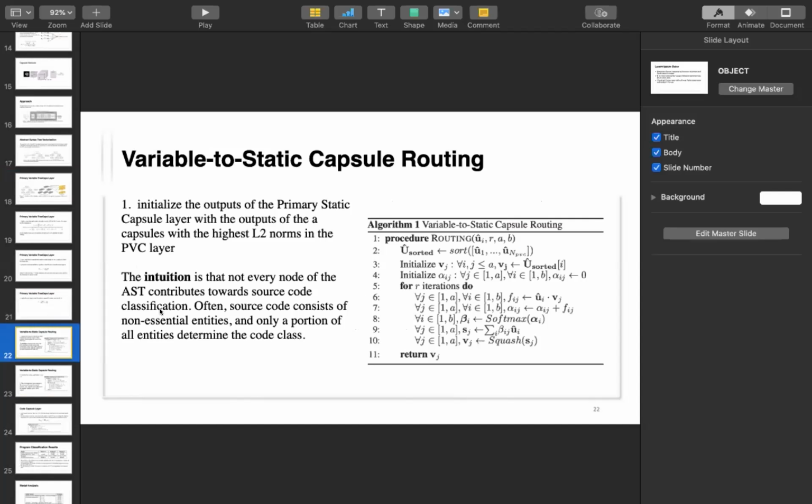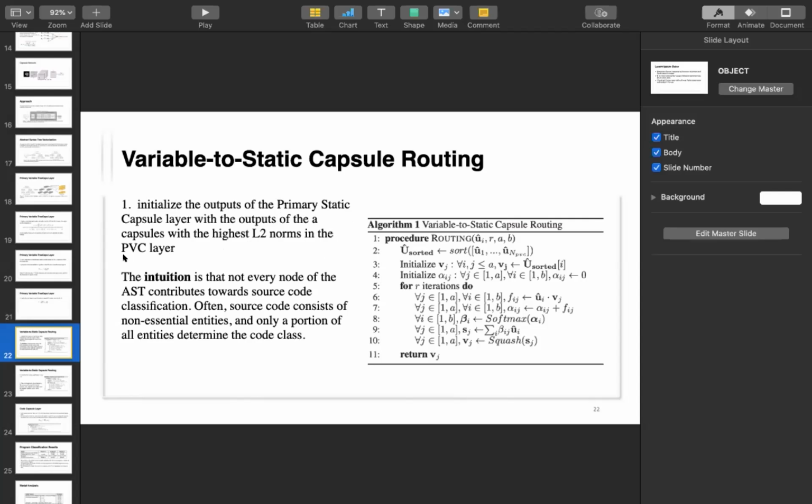So we need to find a way to fix the number of capsules before we go into the next step. This is the algorithm called variable to static capsule routing. In this algorithm, we first initialize the output of this layer by the largest A, the highest L2 norms in the PVC layer.